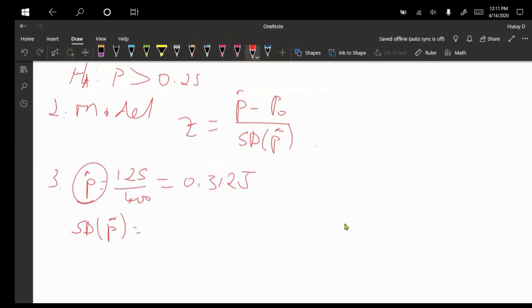We just use the claimed value, and that is 0.25 times q, which is 1 minus 0.25, which is 0.75, over n, which is 400. And this value, I got 0.022.